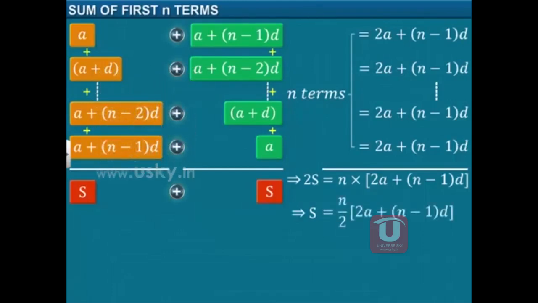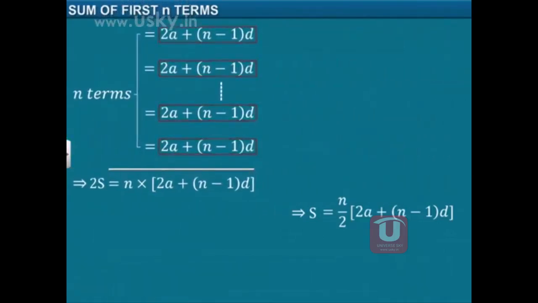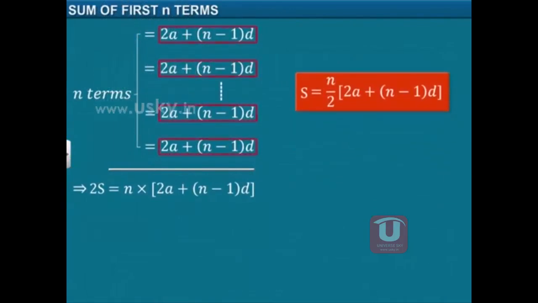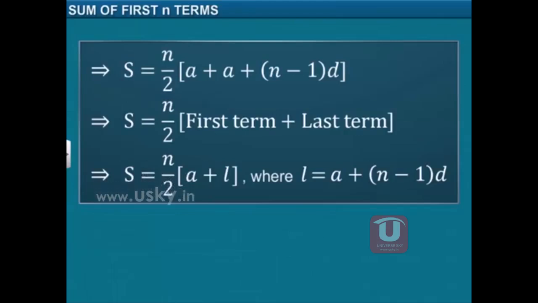This expression can be arranged as follows: a plus n minus 1 multiplied by d. This implies that s is equal to n divided by 2 multiplied by the first term plus last term.